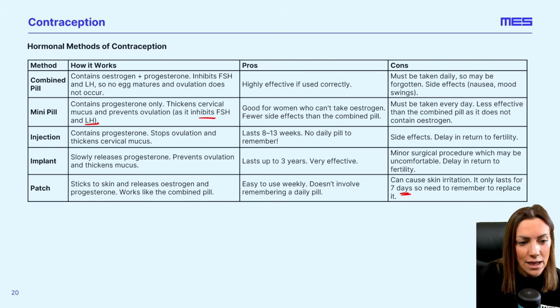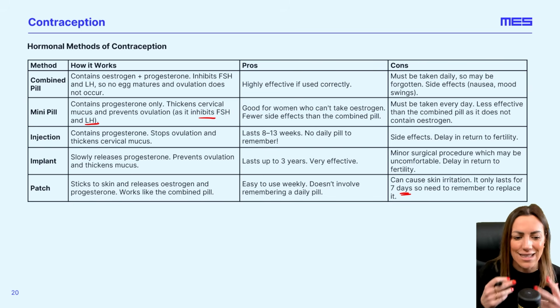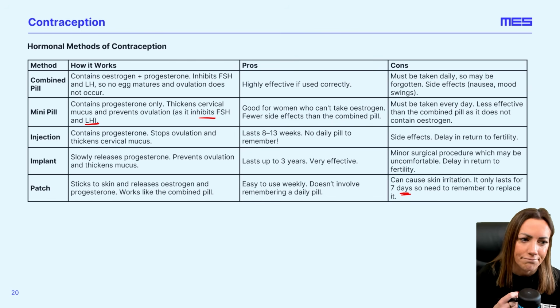And as I said, after the 7 days, you would have to remember to replace it or it would become ineffective. Now, you will quite likely get some information in your exam that you have to use to put together and evaluate, but I think it's really useful to have an idea of some of the pros and cons before going into the exam. So think about how effective they are, think about how long they last, think about side effects.